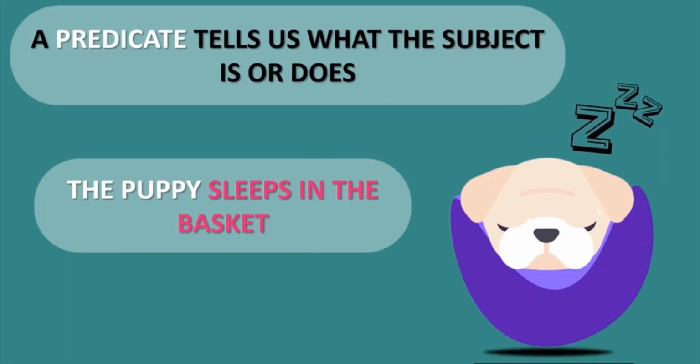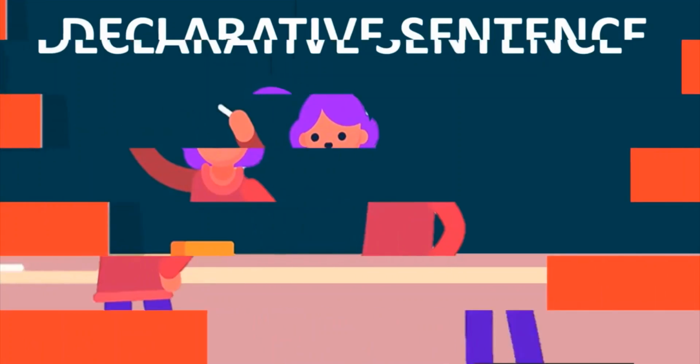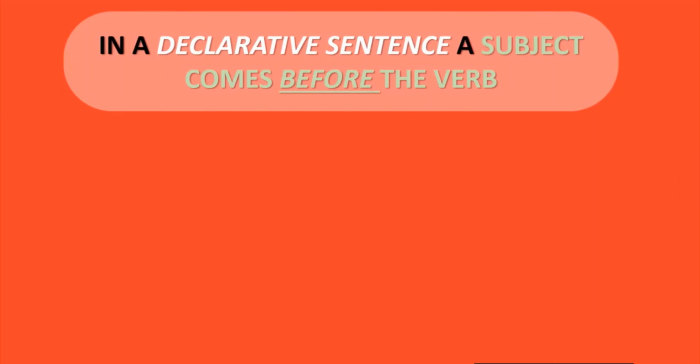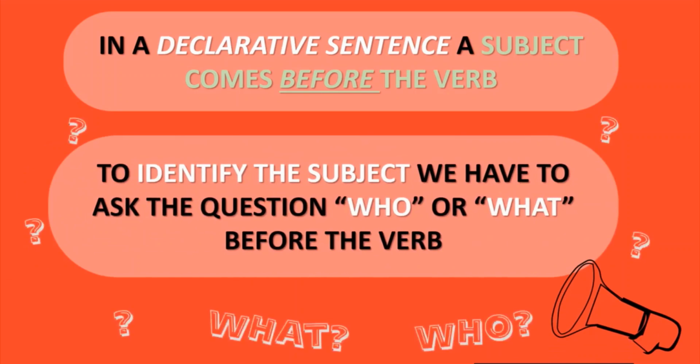First, we take up the declarative sentence. Here, in a declarative sentence, which is a statement, the subject comes before the verb. We can find the subject by asking the question who or what before the verb.